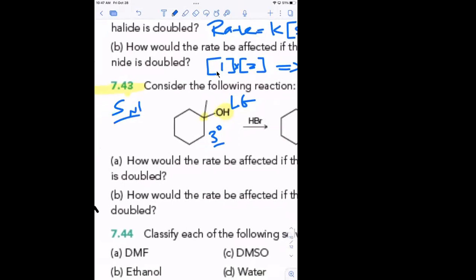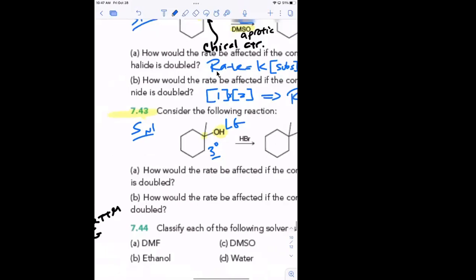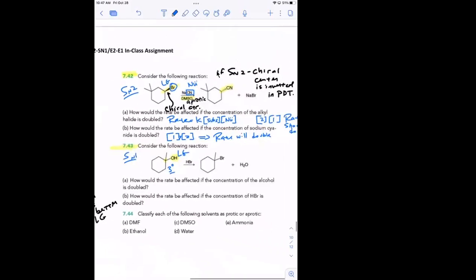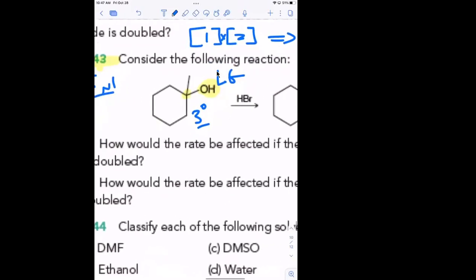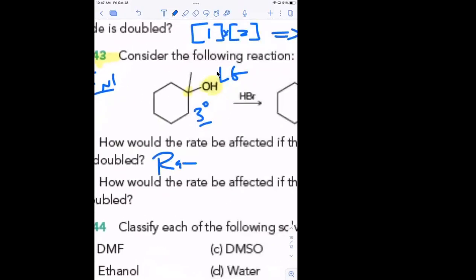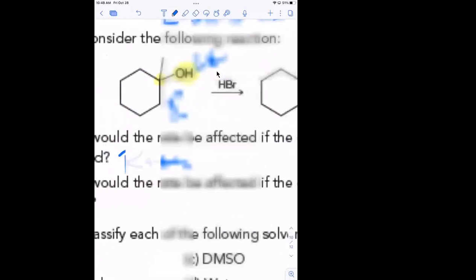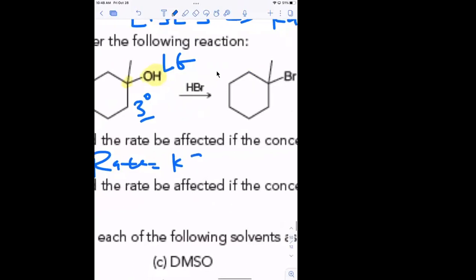Are y'all following? That's why it's so important to be able to identify your nucleophile, your leaving group, and your substrate, and that helps you to answer the rest of the question. What will happen if you double the concentration of your alcohol, which is the substrate? What's the rate law for SN1? It's k times the substrate.